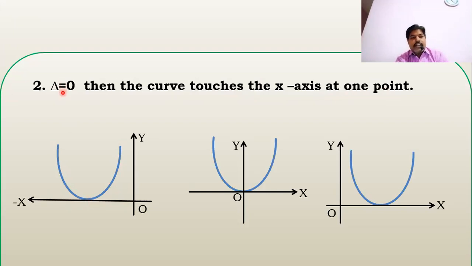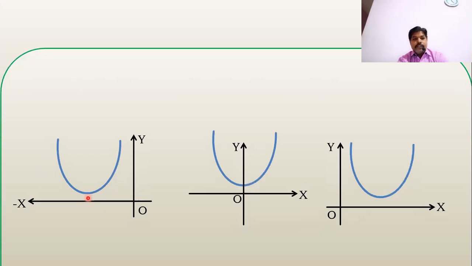If delta is equal to 0, then you will get equal roots. The roots are real and equal. That means only one root exists, where the parabola touches the x-axis. So this is the minimum value of that expression.